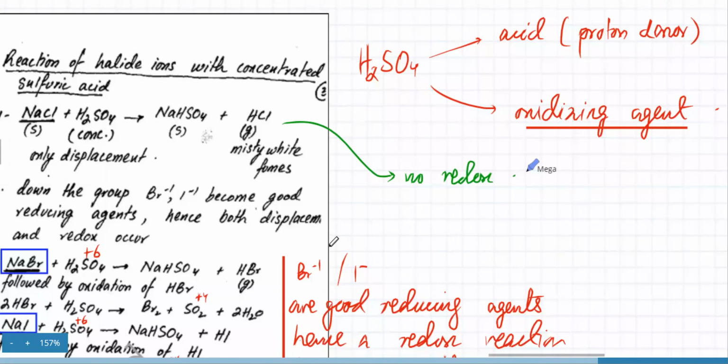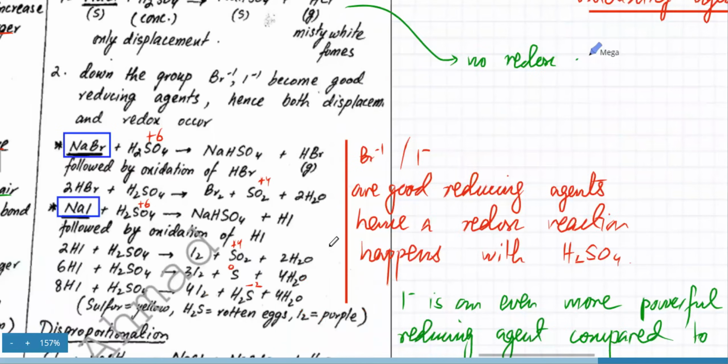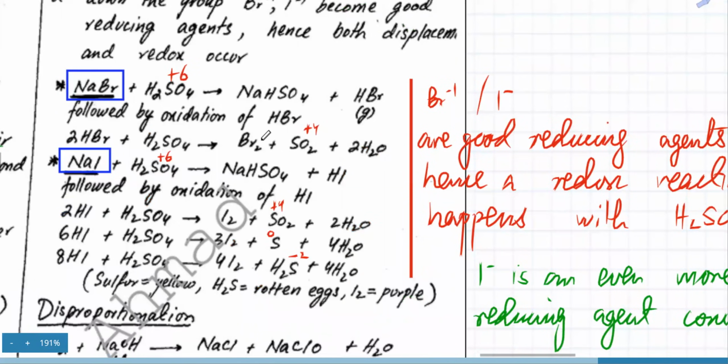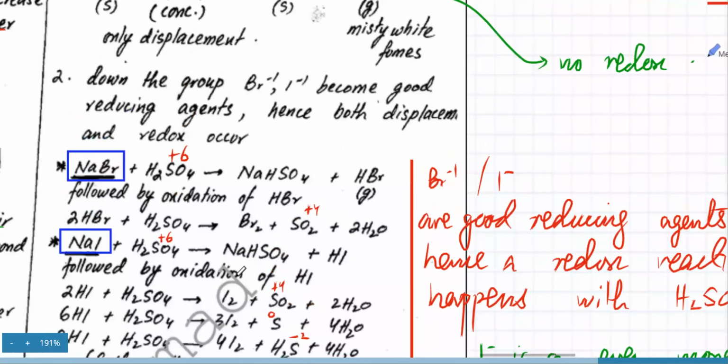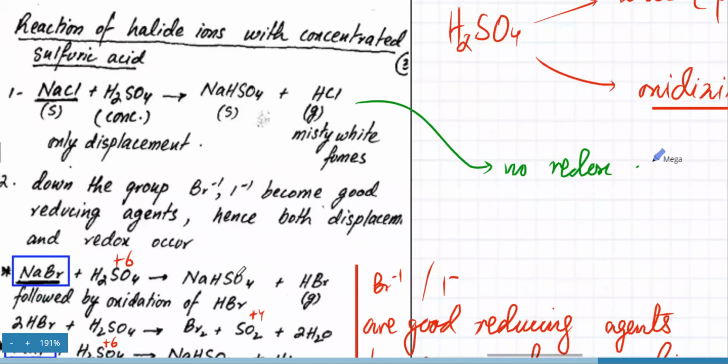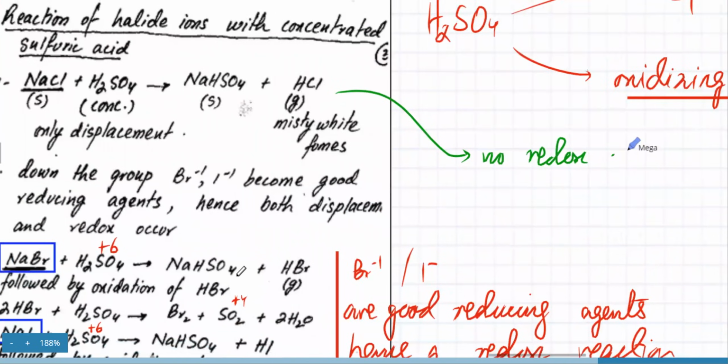No oxidation state is actually getting changed because Cl- doesn't really like to lose electrons. Over here, you would also notice that Br- likes to lose electrons, so it would form bromine. Over here, iodine is getting formed. But Cl- doesn't like to lose electrons. So instead, you get a displacement reaction, and the H2SO4 is acting as an acid.